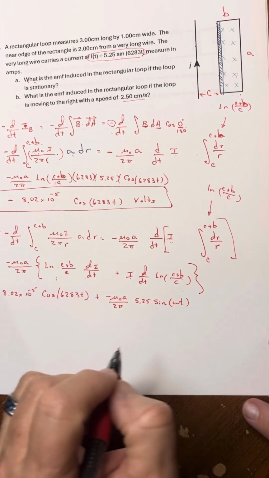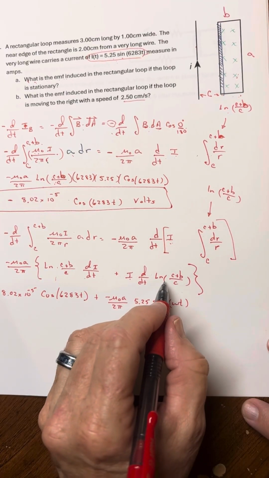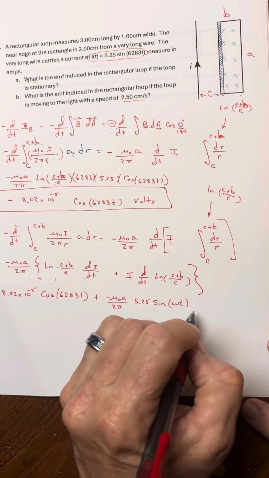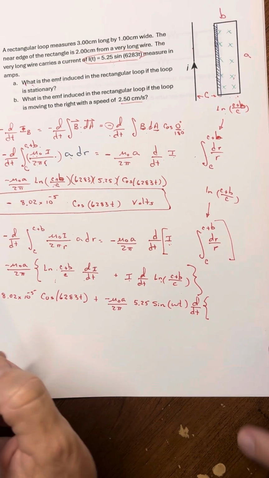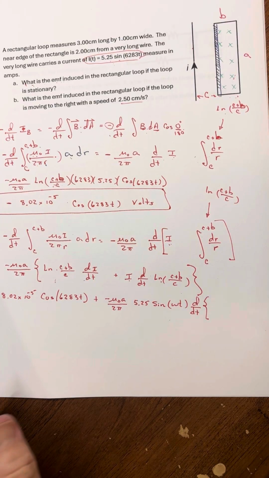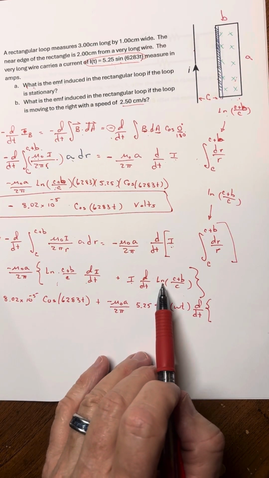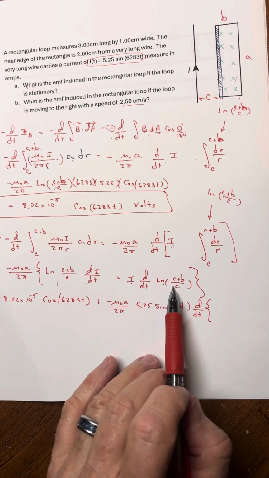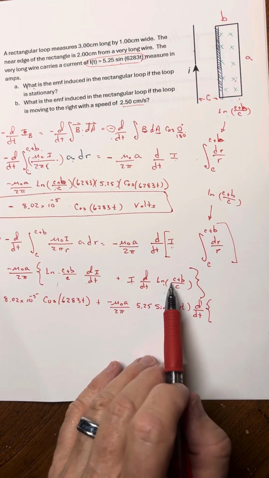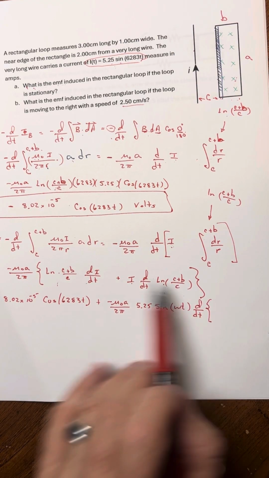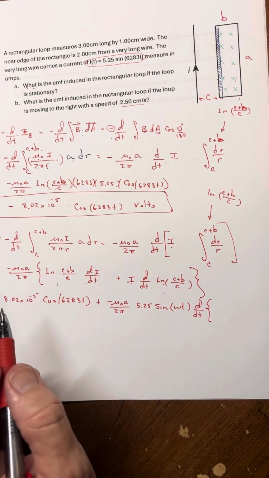But then I have this derivative of a natural log. And at first it looks kind of scary because it's a derivative of a quotient. So not only do I have a derivative of a natural log, but then we got the chain rule, which is going to have a quotient in it because the c changes both in the top and the bottom.